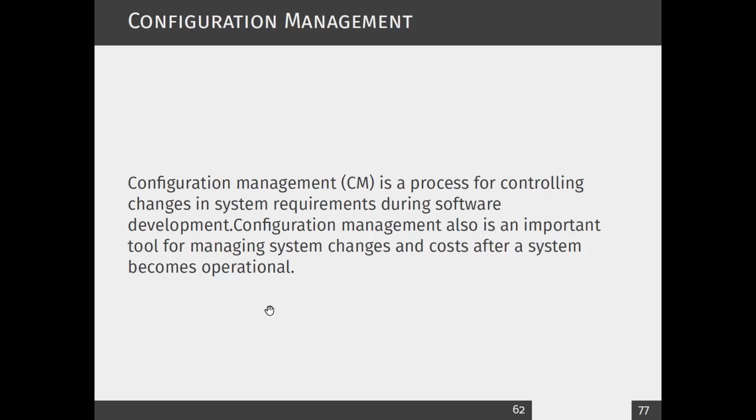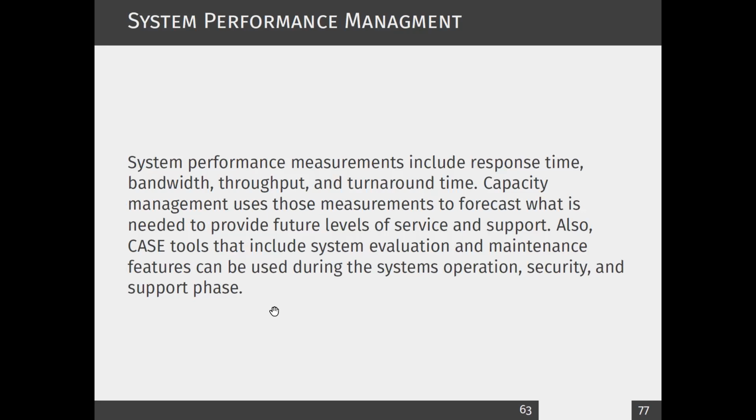Okay, let's talk about something called configuration management. It is a process for controlling changes in the system requirements during software development. This configuration management is very important for managing system changes. Then system performance management.